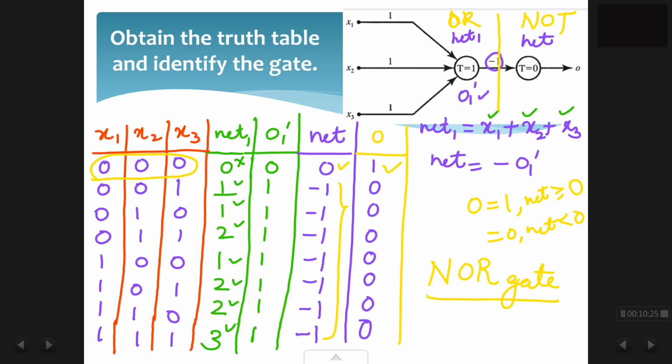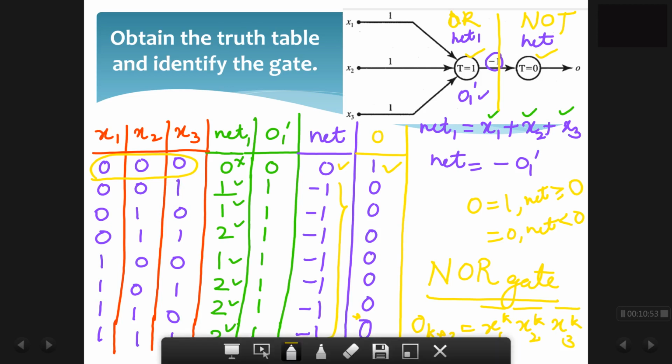If you want to write the equation, this is a two-staged output. This is one, this is the second one. So I can write the equation of this particular NOR gate as O(k+2) is equal to x1(k) bar, x2(k) bar, and x3(k) bar.